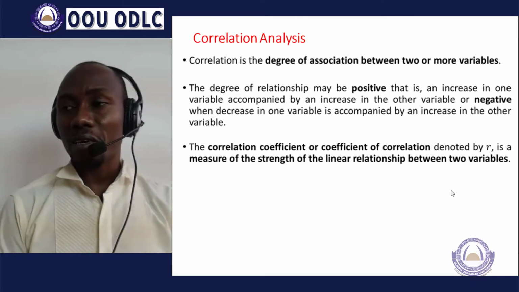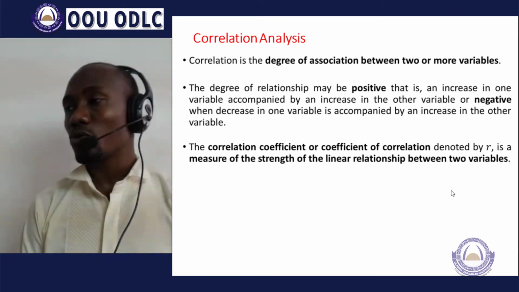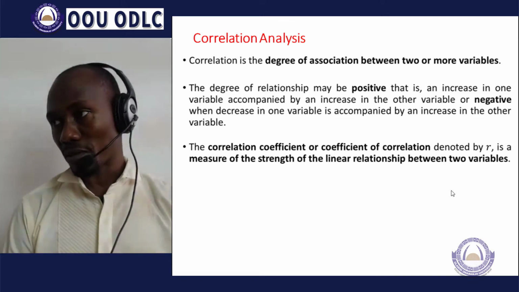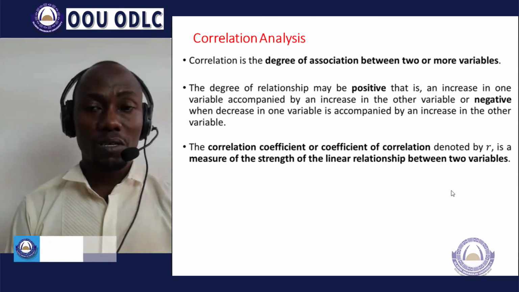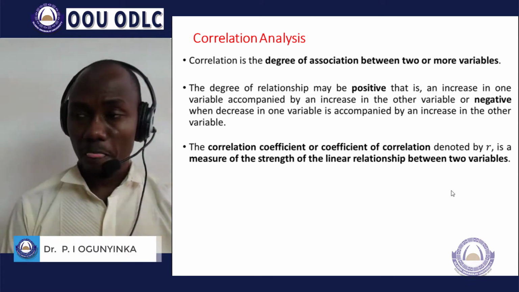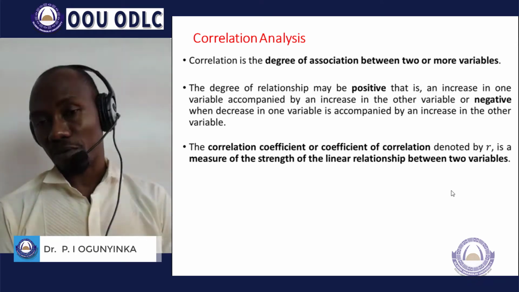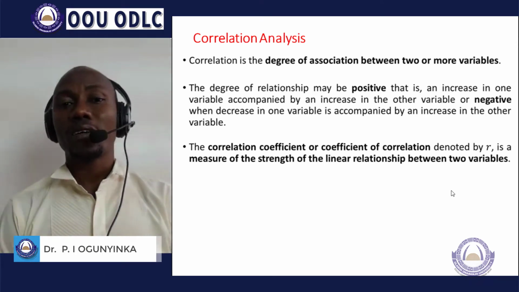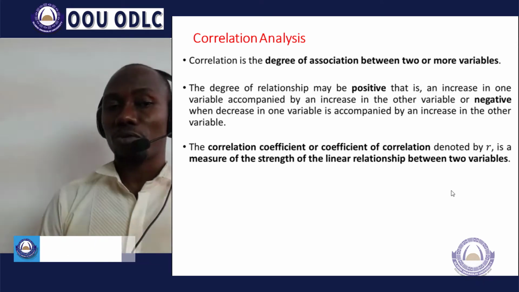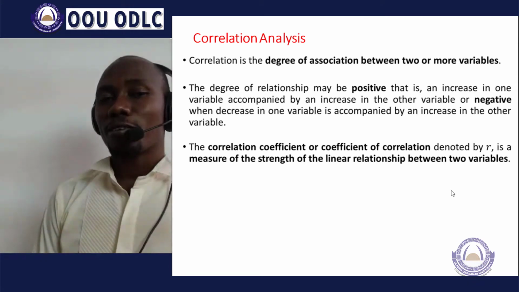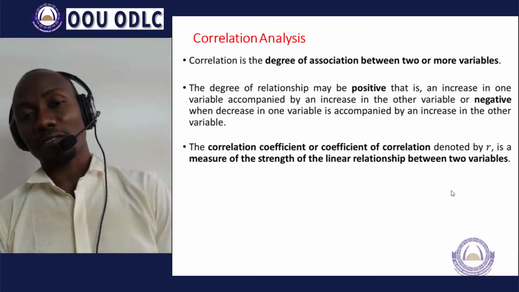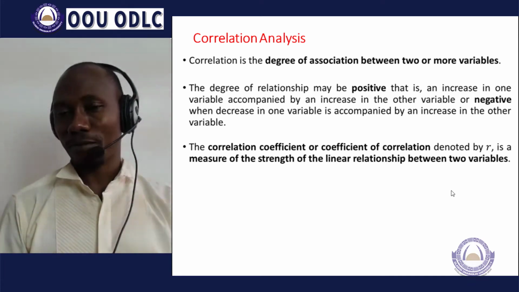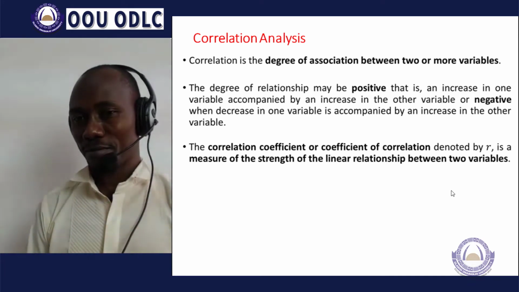Correlation is a degree of association between two or more variables. In this session, we'll be considering two variables. So the degree of association between two variables talks about correlation. The degree of association could be positive or negative.